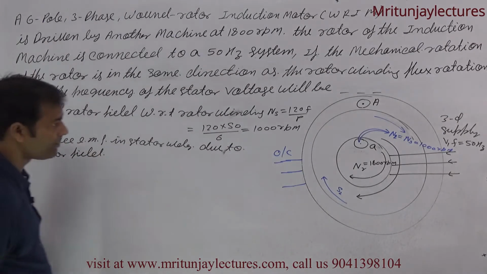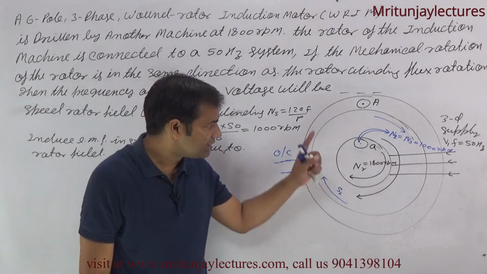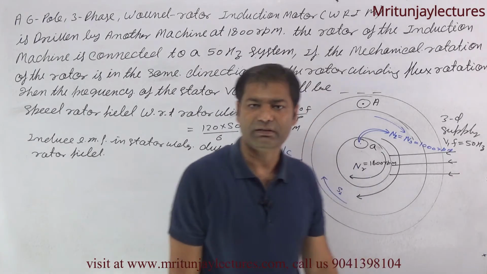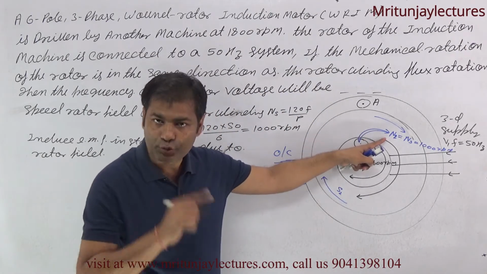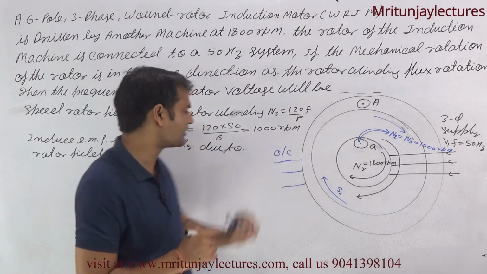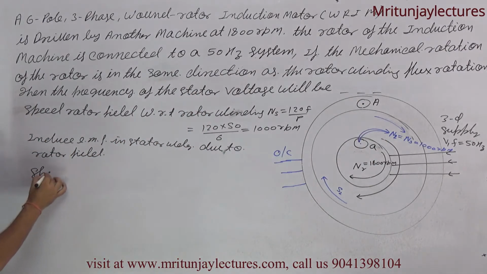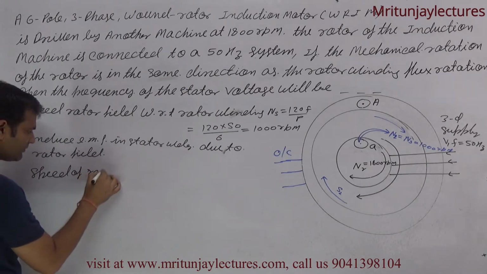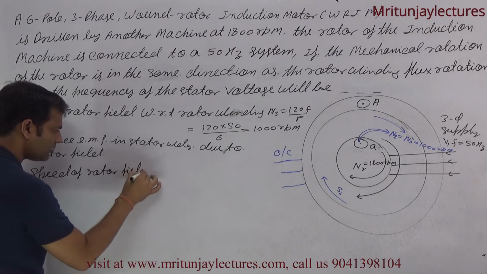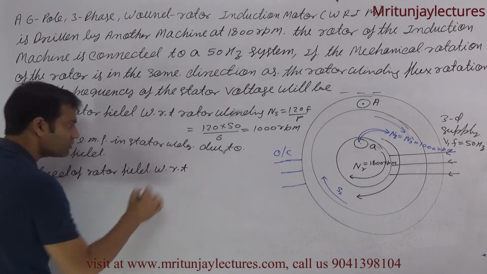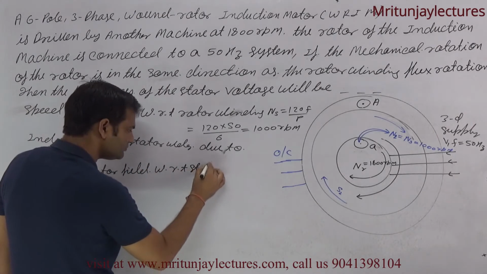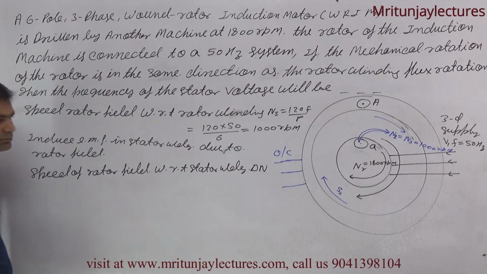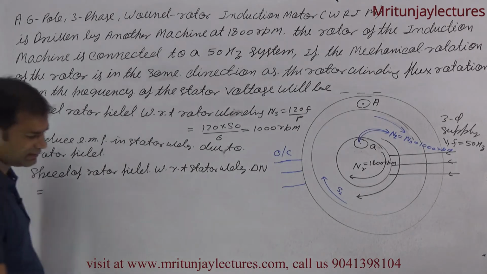So you can say that the speed of the rotor field with respect to the stator winding, so speed of rotor field with respect to stator winding, that is delta N. What about delta N?